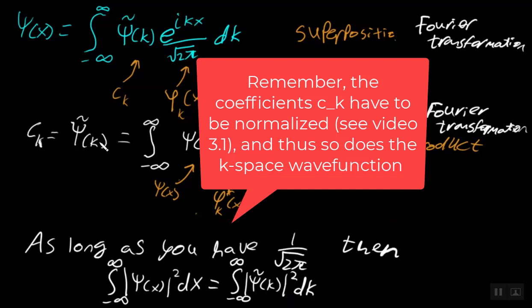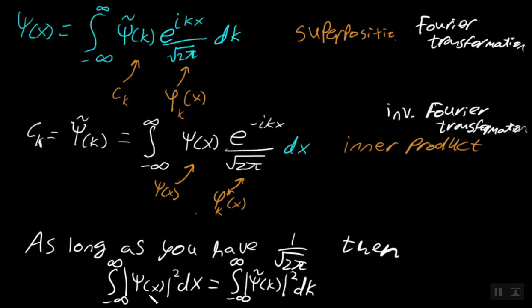If this is the relationship between psi of x and psi tilde of k, then this equality holds. And this is our normalization condition. This has to be equal to 1.